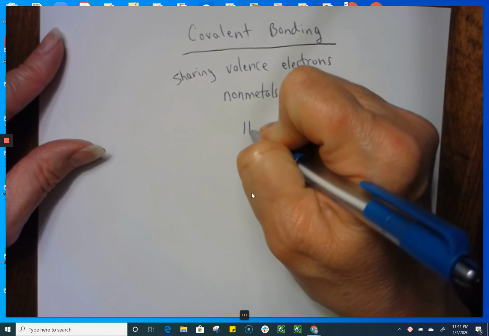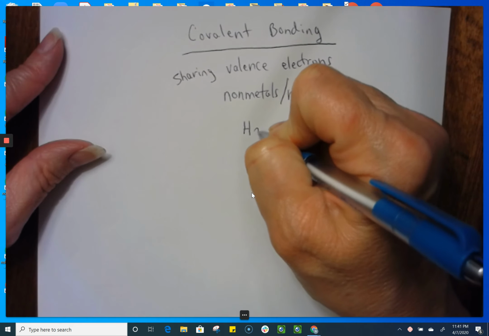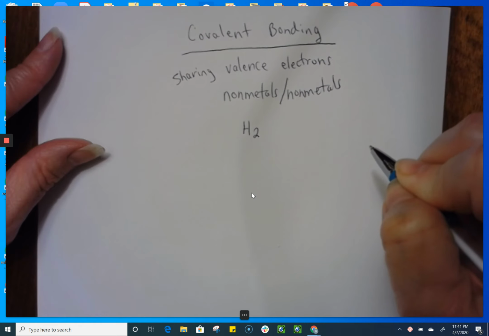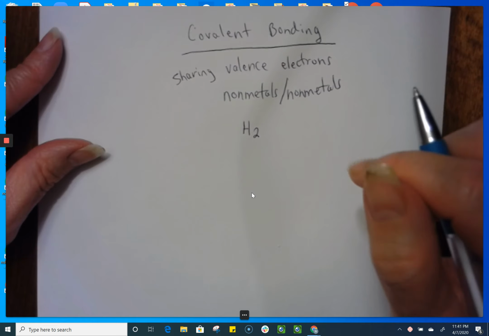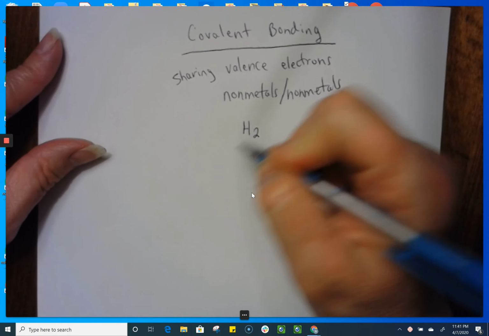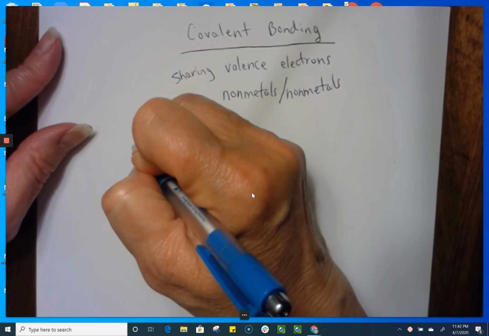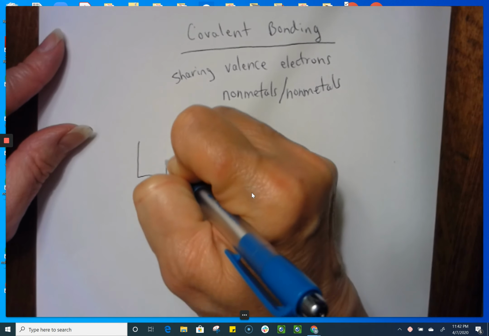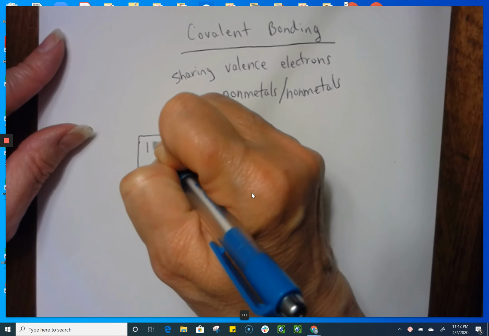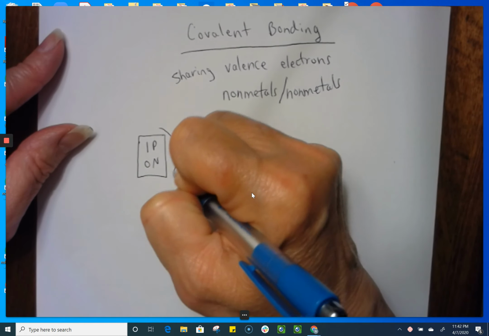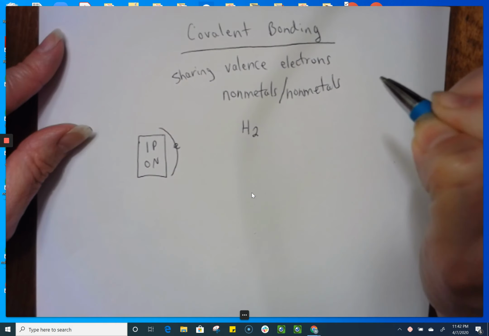You've heard us talk of hydrogen gas, and when hydrogen gas is by itself, 2 atoms of hydrogen will bond to form an H2 molecule, which stabilizes the hydrogen. When we diagram hydrogen, it has the atomic number of 1, so it has 1 proton, 0 neutrons, and 1 electron.